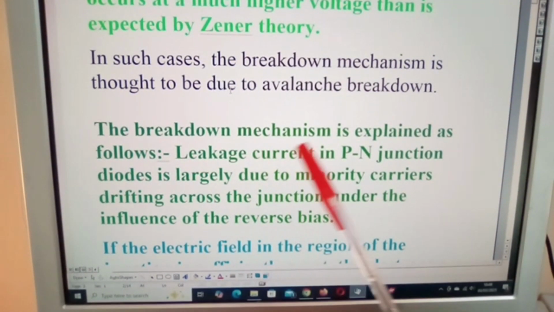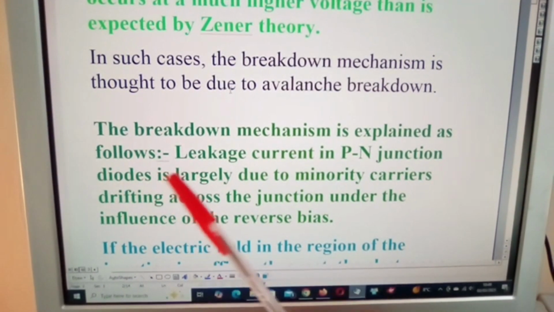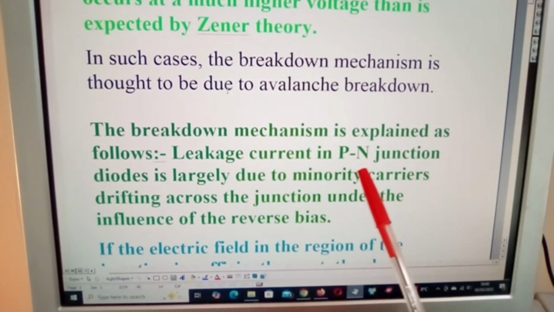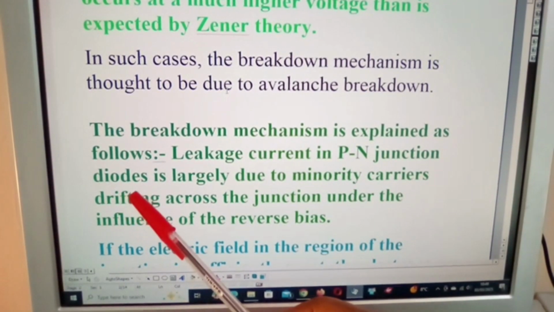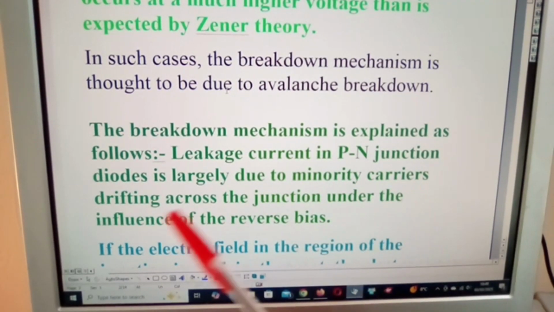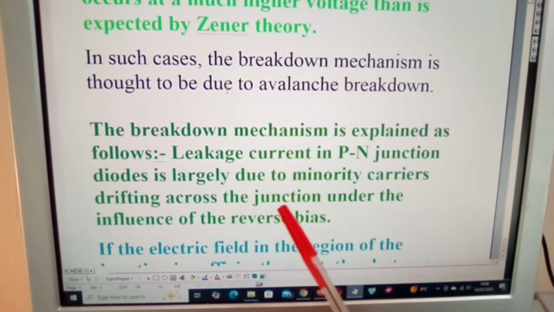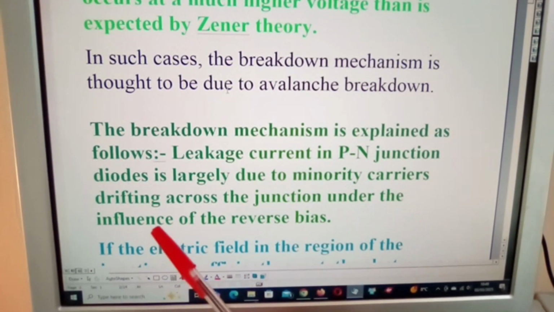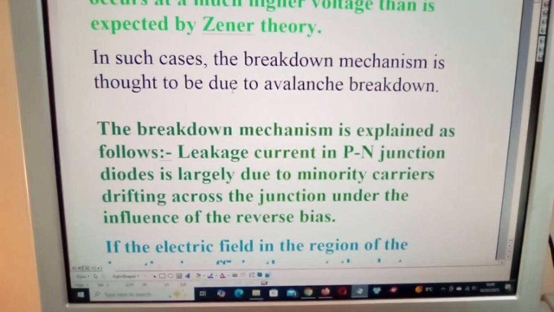The breakdown mechanism is explained as follows. Leakage current in the PN junction diodes is largely due to minority carriers drifting across the junction under the influence of the reverse bias.